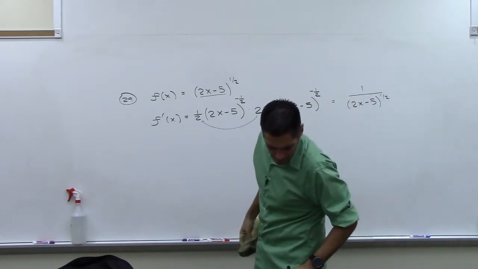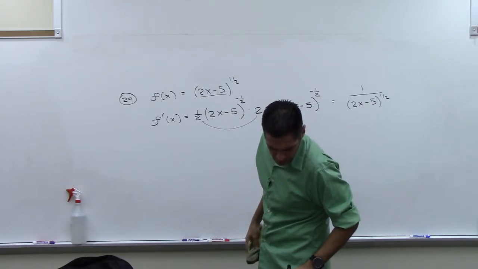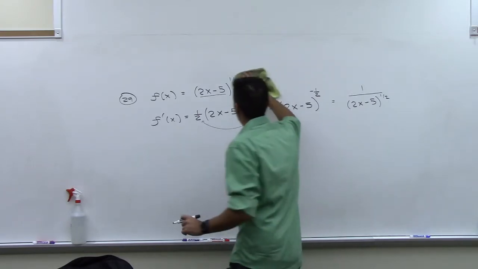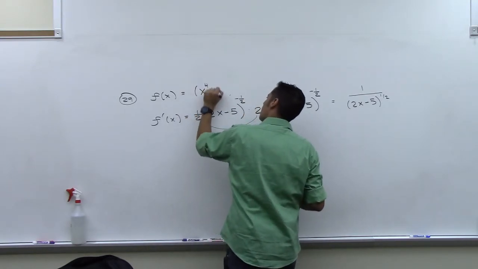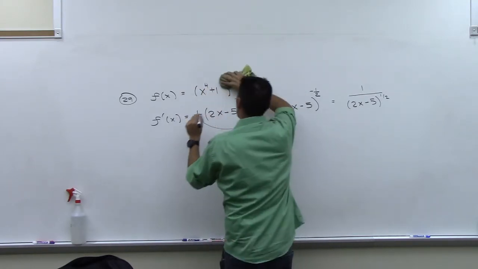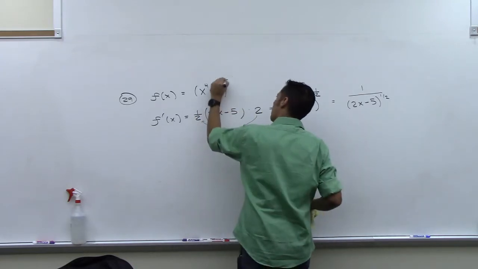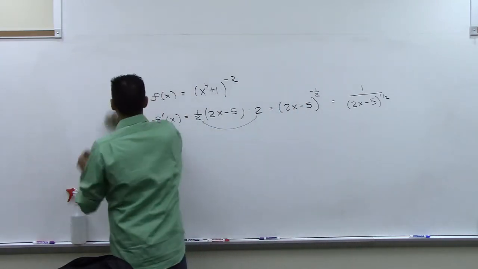Okay. Number 31, x to the 4th plus 1 to the negative 2. It's number 31.